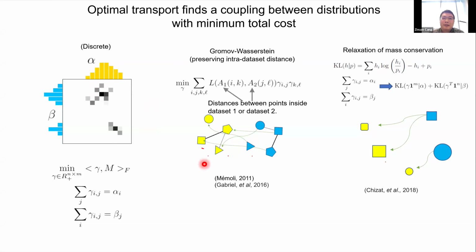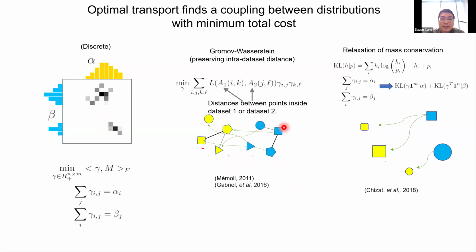And also, let's assume we don't have any information about the correspondence between the open regions, the open locations, and genes. In that case, instead of an inter-dataset distance, we have two intra-dataset distance matrices.